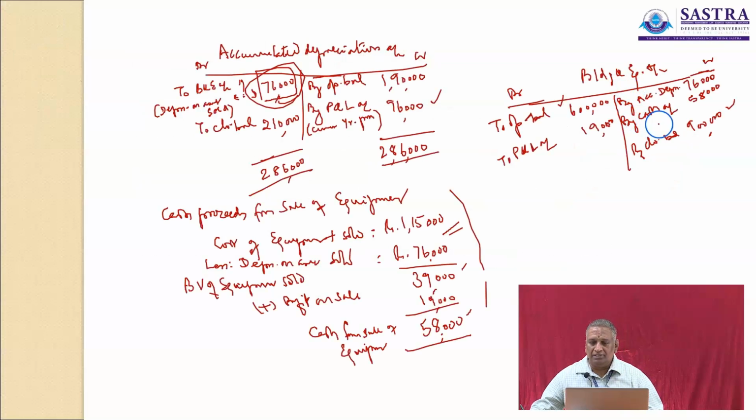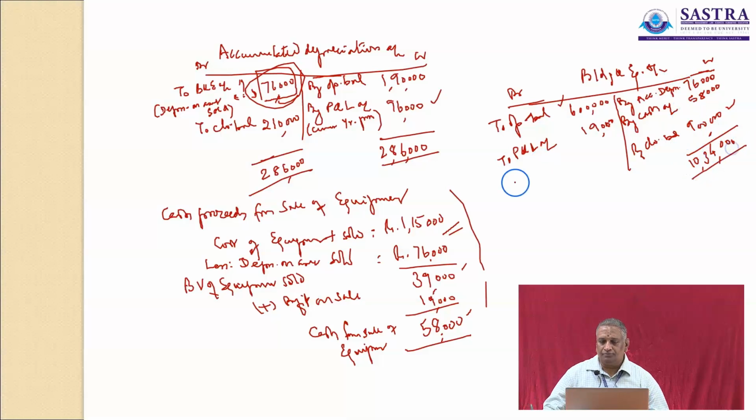Now we can close the ledger. 10,34,000 is the total. Just transferring it here. 10,34,000. Balance.